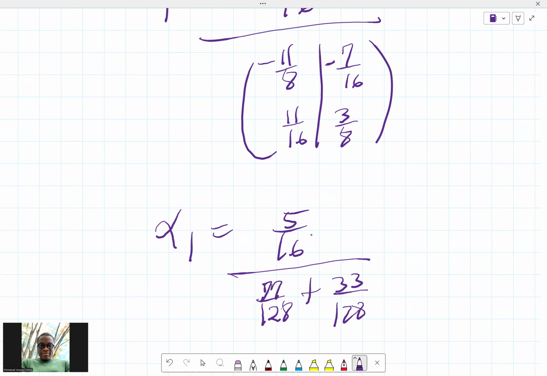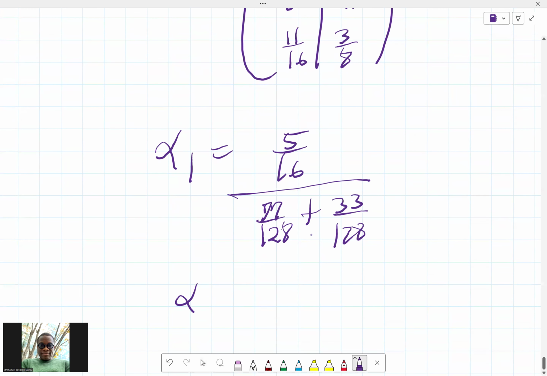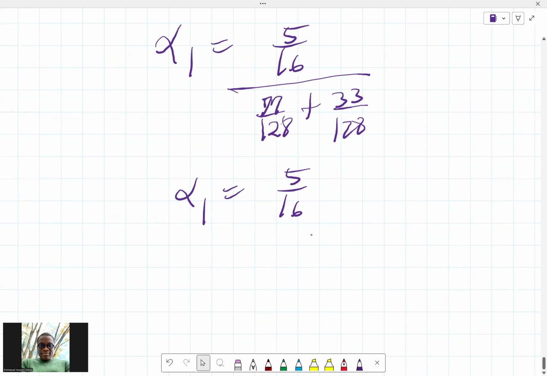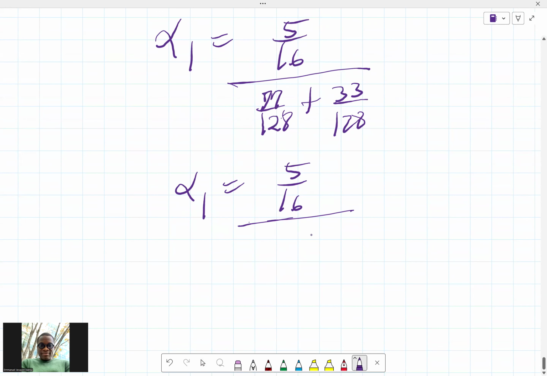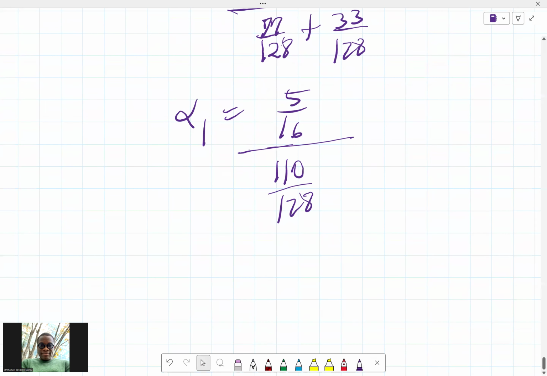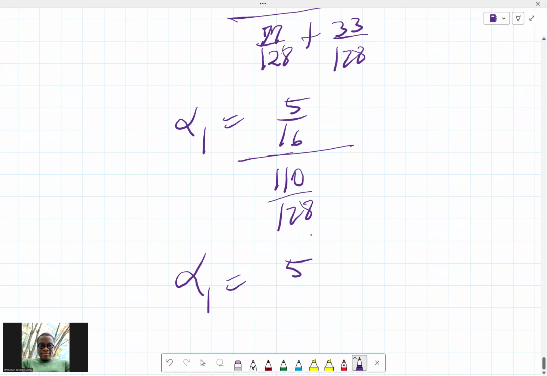So alpha 1 is 5 over 16 divided by 77 plus 33, that's 110 all over 128. So alpha 1 is simply 5 over 16 times 128 all over 110.